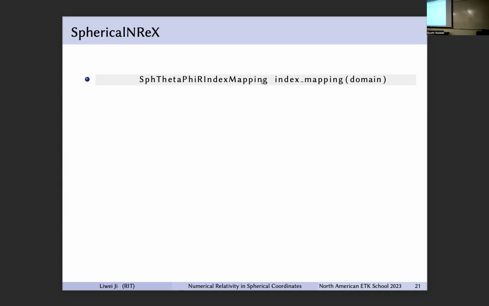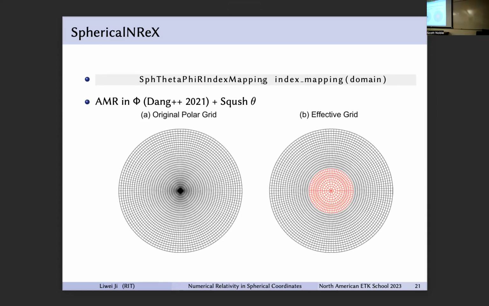What we also want to do is AMR, because of the capability of AMReX, we can try AMR in this way, where we only refine in one direction instead of all directions, trying to kill the small cell problem near the origin and the poles.